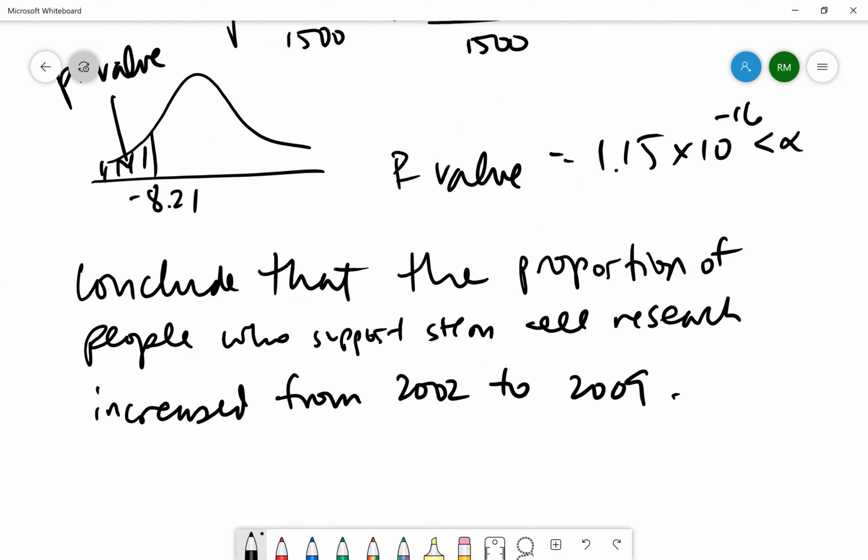So we conclude that we're pretty confident of that because our p-value is just so small. All right, so that was one hypothesis test.